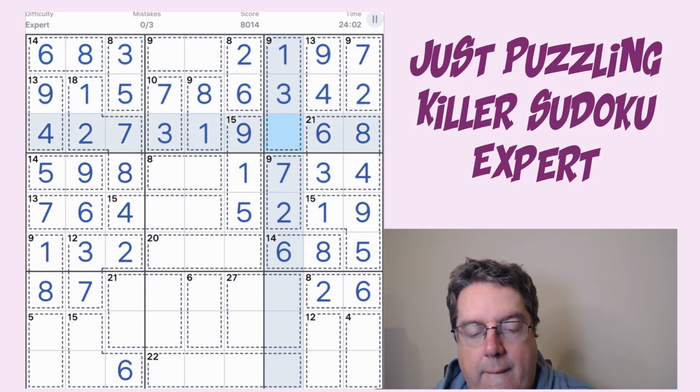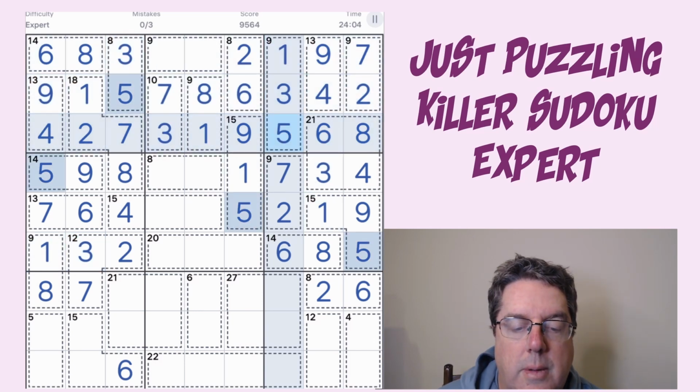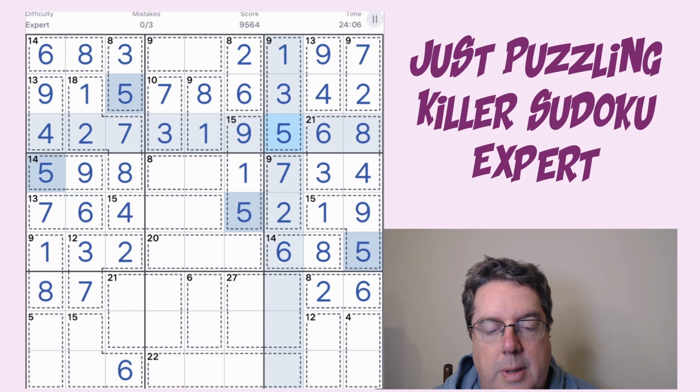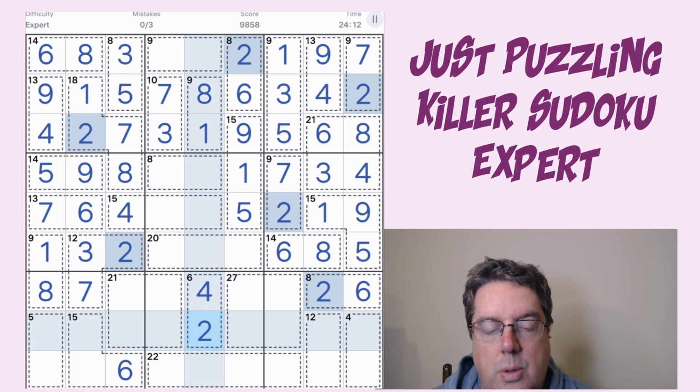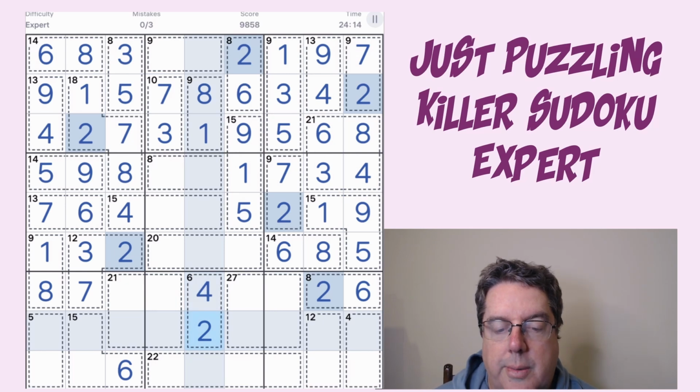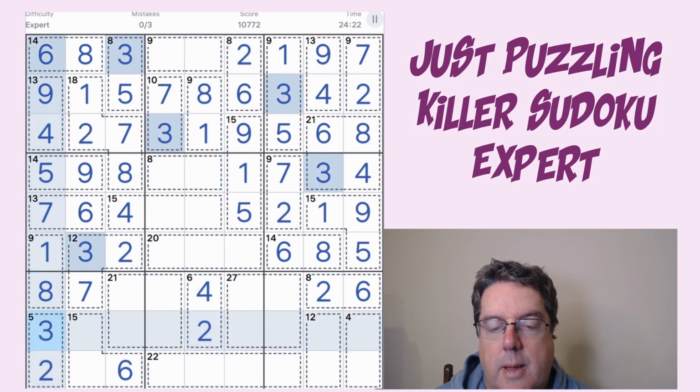1, 5. So now I know that 1 and 5 can't be there because of that 1. So that's a 4 and that's a 2. Which means that's a 2 and that's a 3.